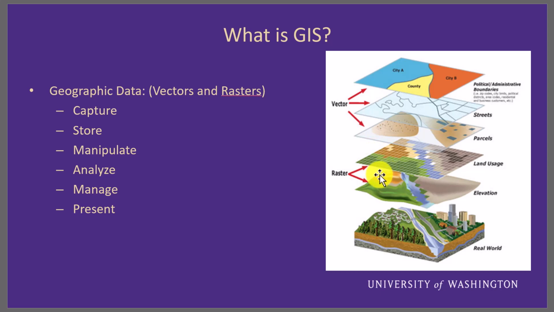Points can be cities, but cities could also be polygons. And you can think of lines as streets or rivers. We'll talk a lot about this as we progress through today's lecture and in future weeks of GIS 311.